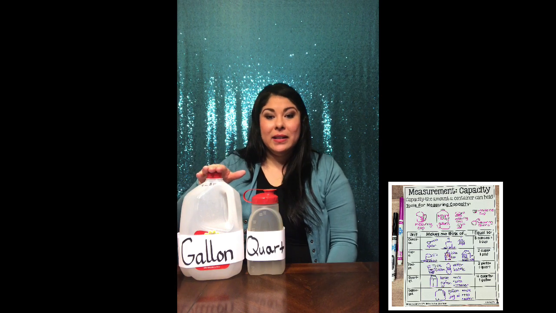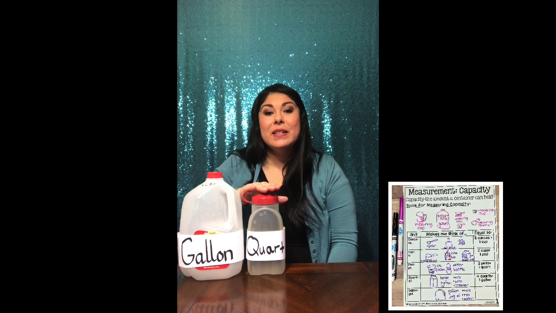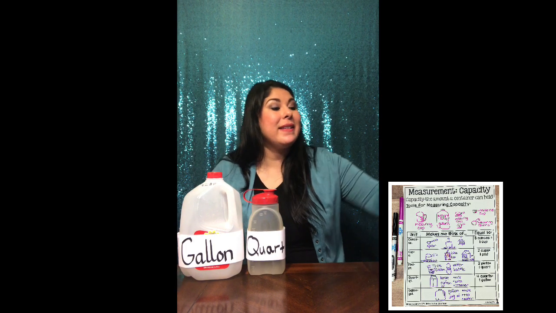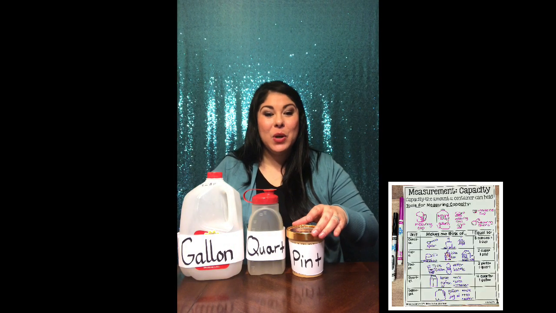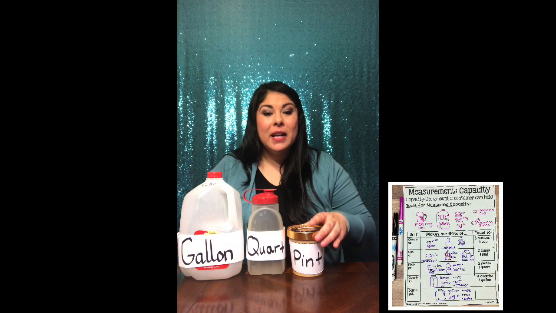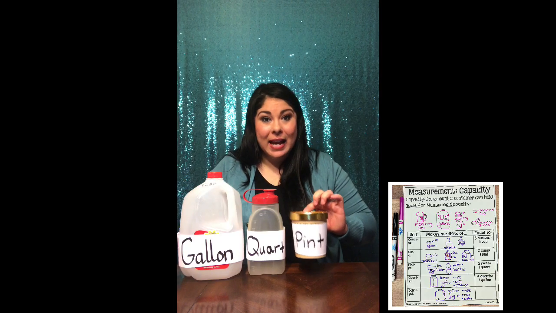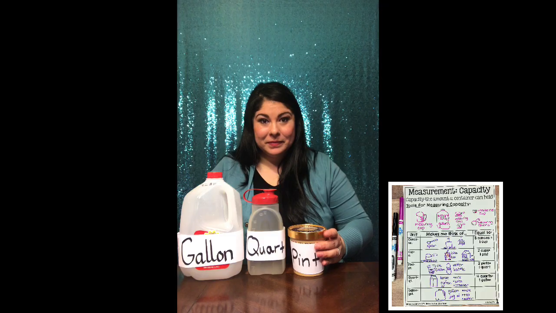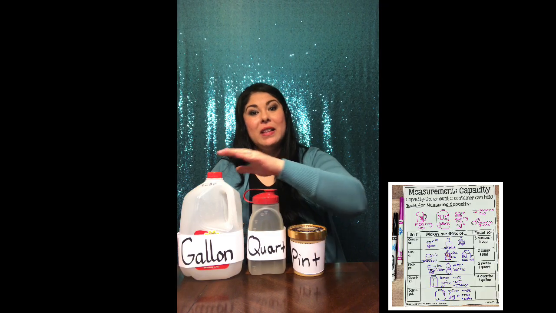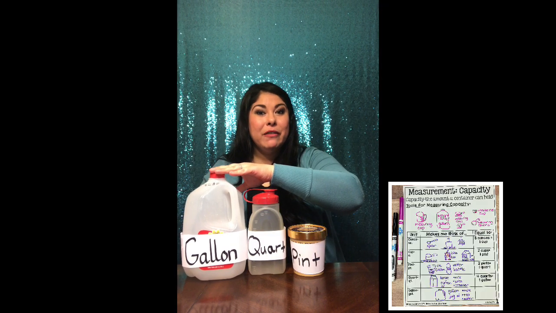Now, gallon, quart, the next smallest unit of capacity is the pint. This is a pint that actually holds a pint of ice cream, but it takes, this is an exact measurement, 2 pints to fill a quart. It takes 4 quarts to fill a gallon. So let's talk about a conversion.